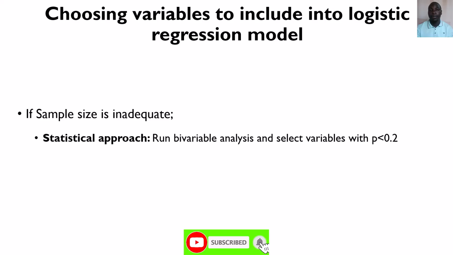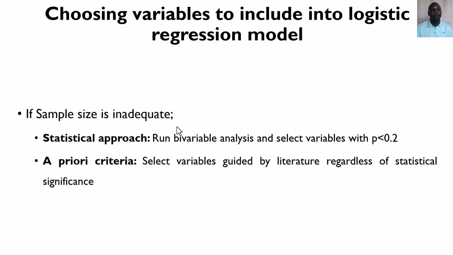At this point, we use a p-value of 0.2 so that we are able to capture even those negatively confounding variables. So basically what we are doing here is running each independent variable against the outcome so that we see the overall p-value. The lower the p-value below 0.2, then we consider that variable for multivariate analysis. It has shown us that it is relevant in predicting our outcome.